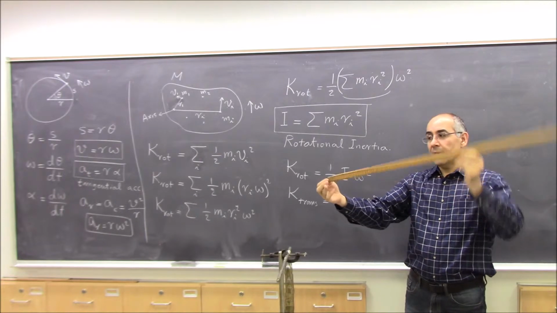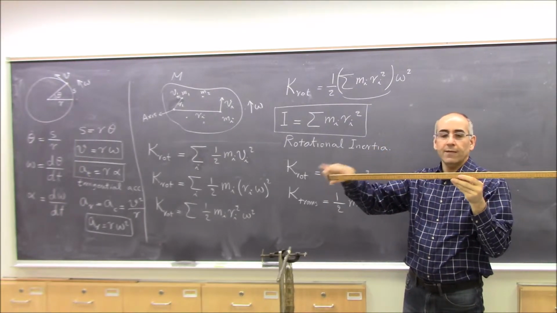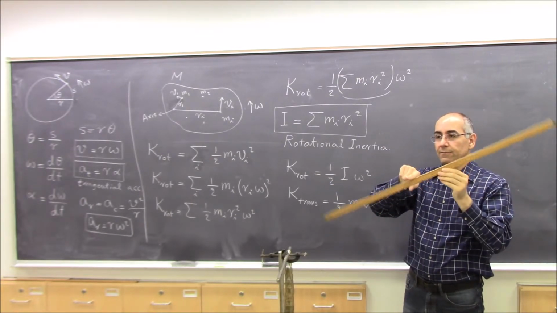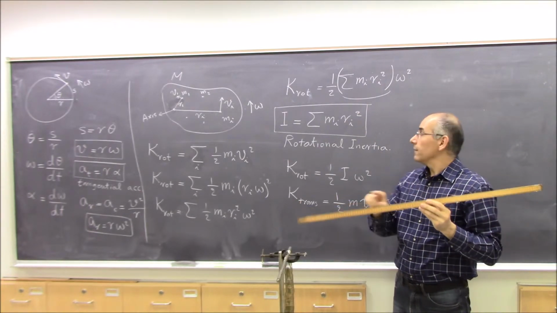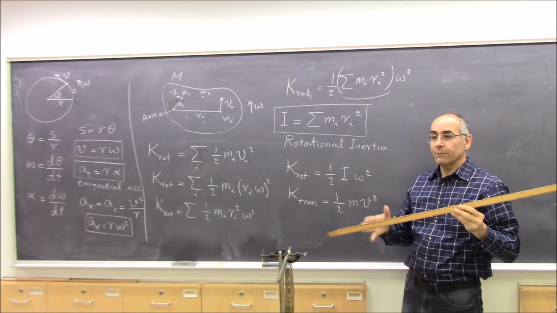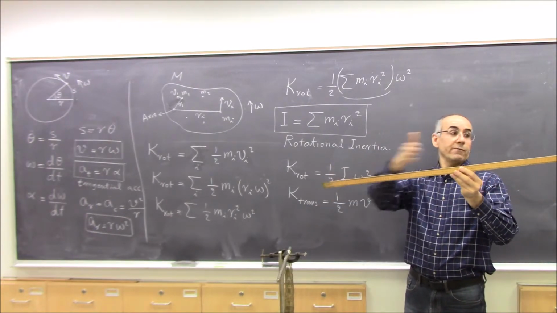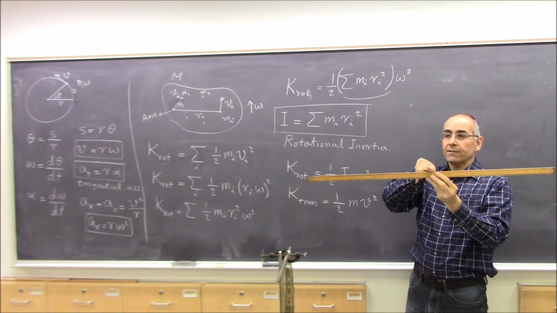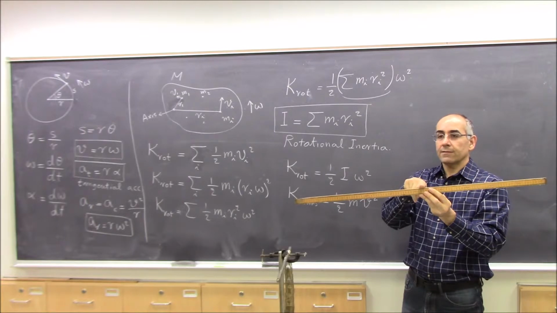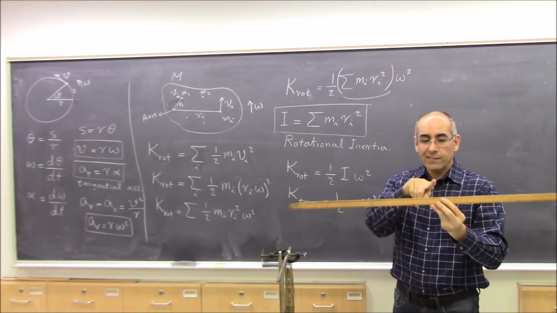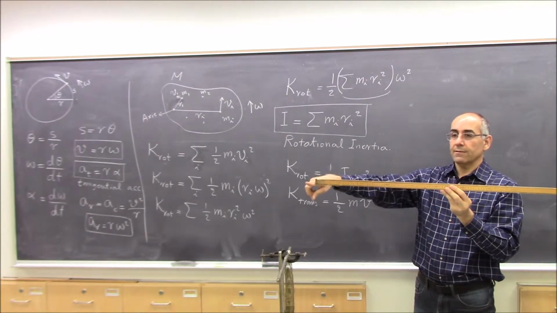Around the axis of rotation here is one value, around the axis here is another value, and around the axis at the center is another value. So it not only depends on the mass, but also on how mass is distributed. For example, around this axis, some of the masses are far away. But if you take an axis here, on average, the masses are closer to this axis, right? So you expect less rotational inertia around this axis than around this axis, right?